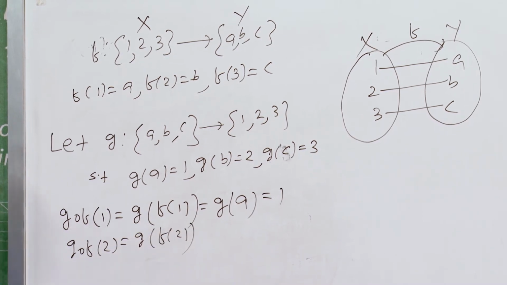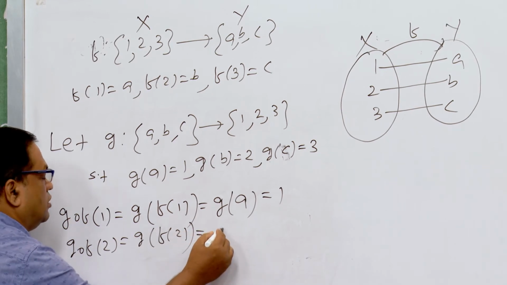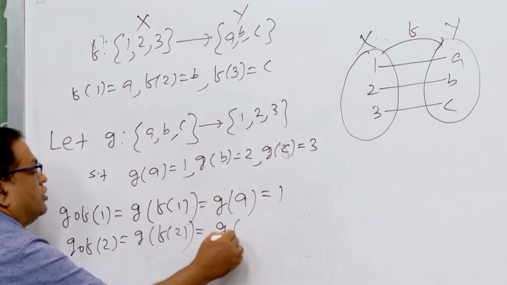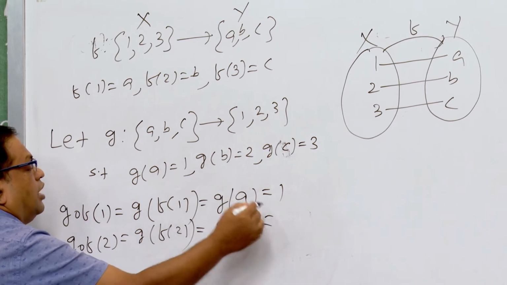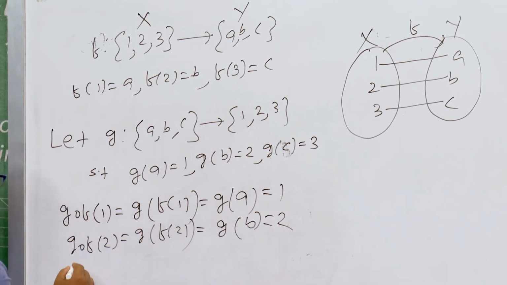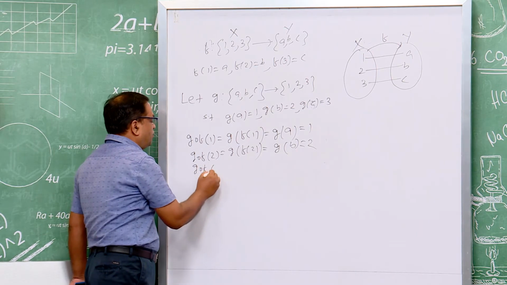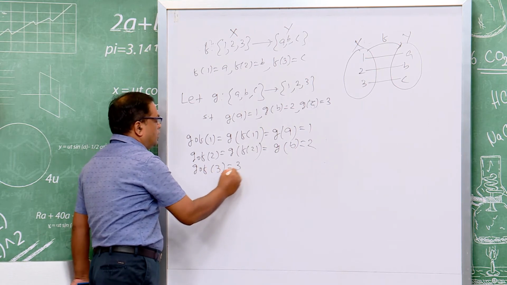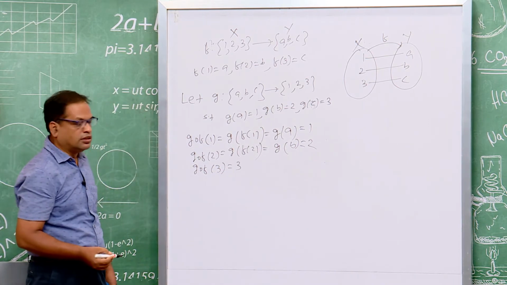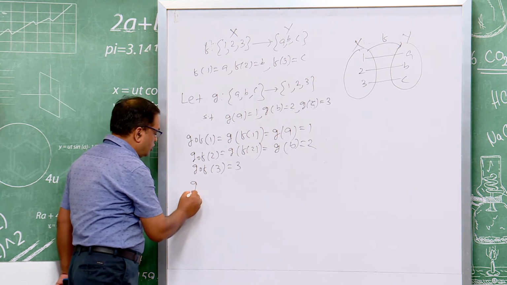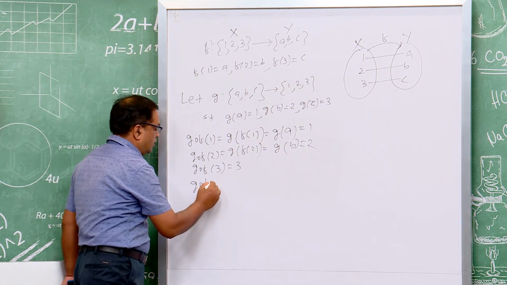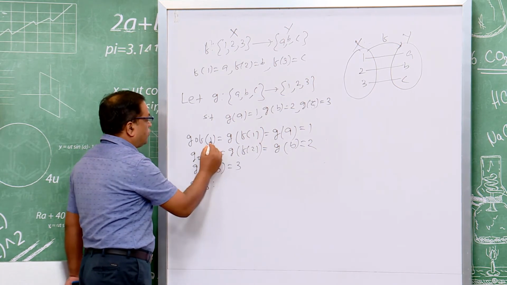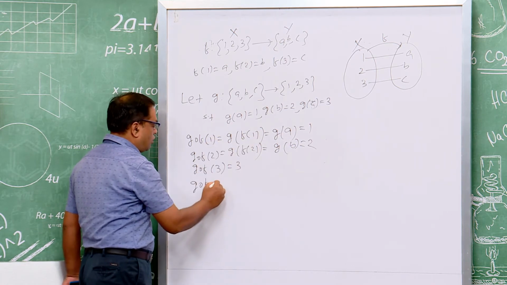So, g of f(2) is g of B, which is 2. Similarly, g composition f of 3 will be 3. So, g composition f from set {1, 2, 3}, g composition f is equal to how much?